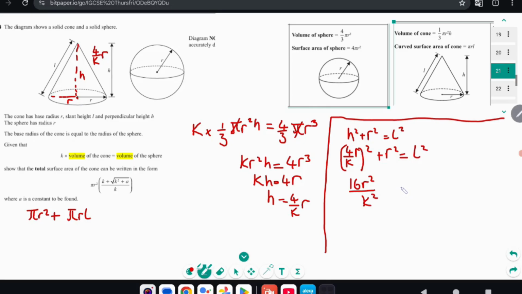Or you might have it as 16 over k squared with the r squared next to it. It just means the same thing.